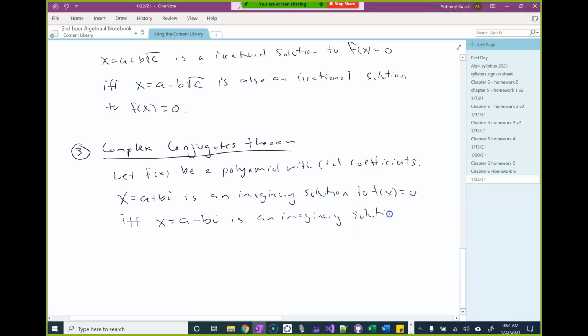So this is telling us that imaginary solutions also come in pairs, which takes away the possibility, Lily, that that stray solution could have been imaginary, because there'd have to be 2 of them.